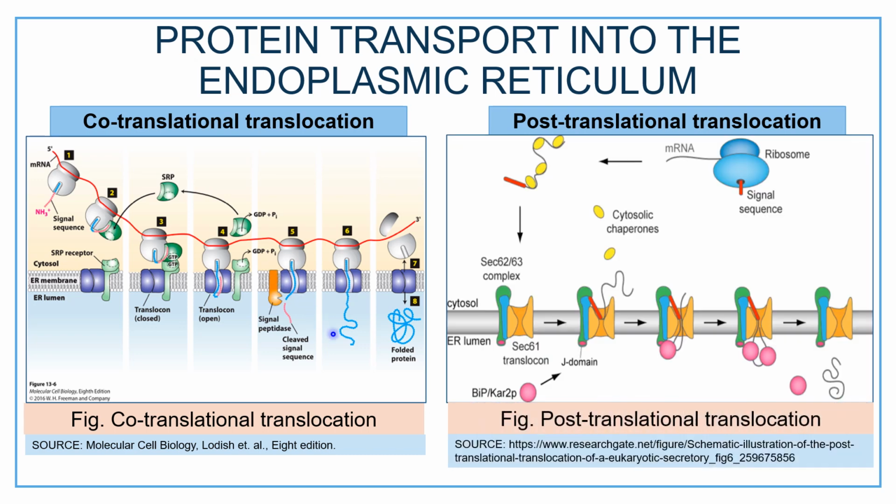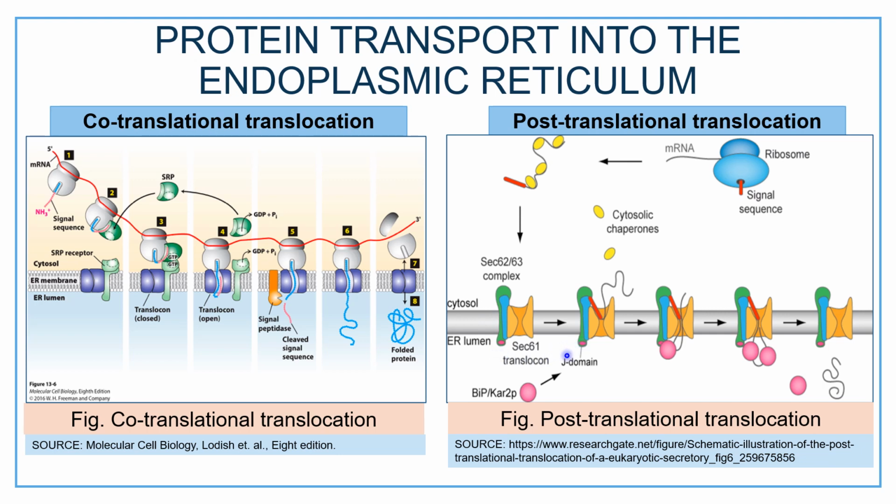In post-translational translocation, completely synthesized polypeptide is maintained in a competent state by cytosolic chaperone proteins and targeted to the post-translocone in the ER membrane. It consists of the Sec61 translocone and the Sec62-63 complex.